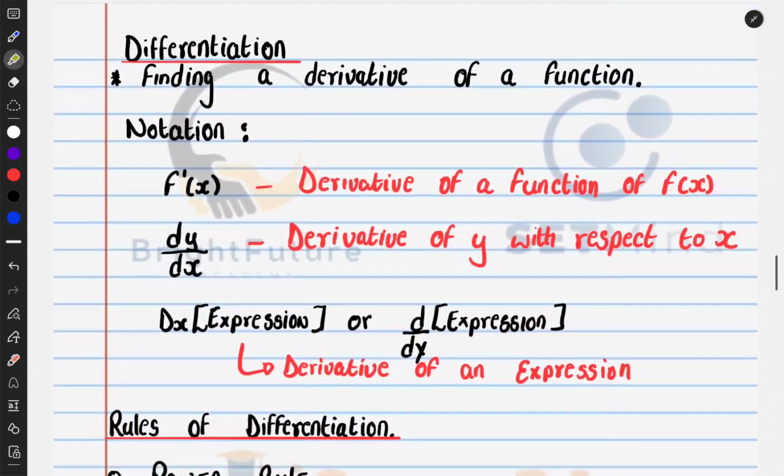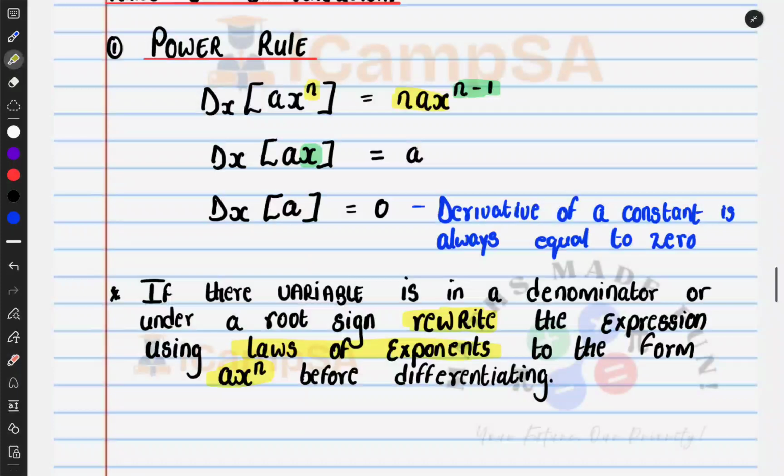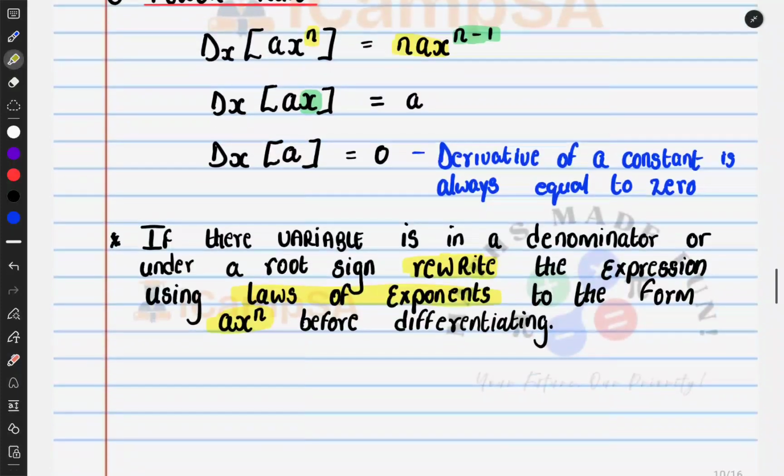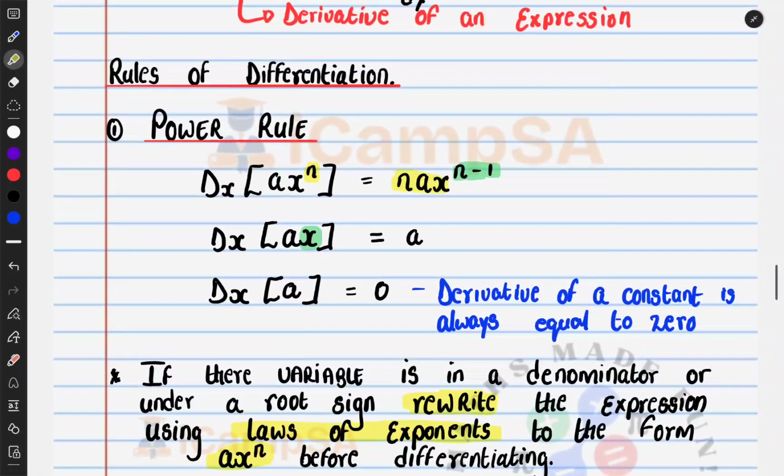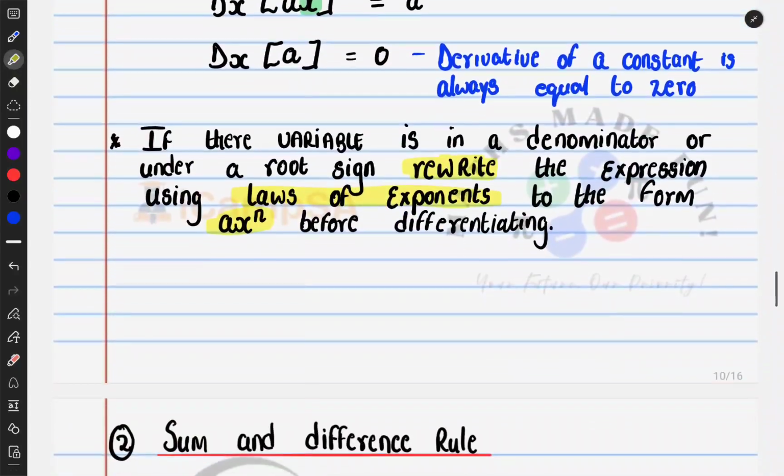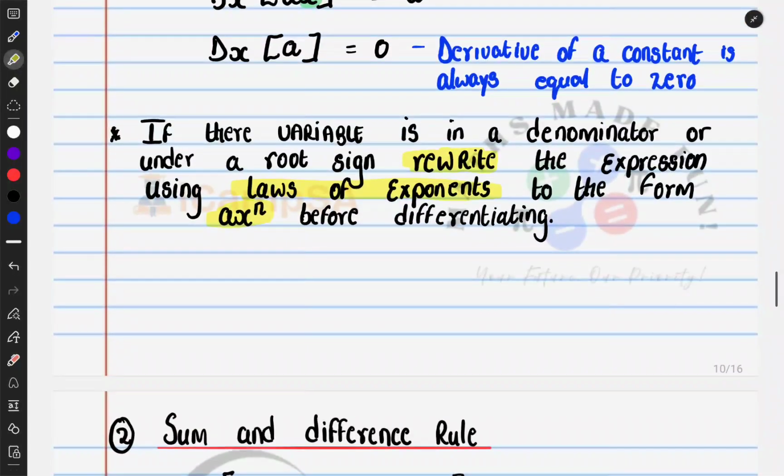When deriving from first principles, it's not really necessary to rewrite it, but once we are differentiating using the power rule, or these rules of differentiating, it is always important to have your expression in this form.